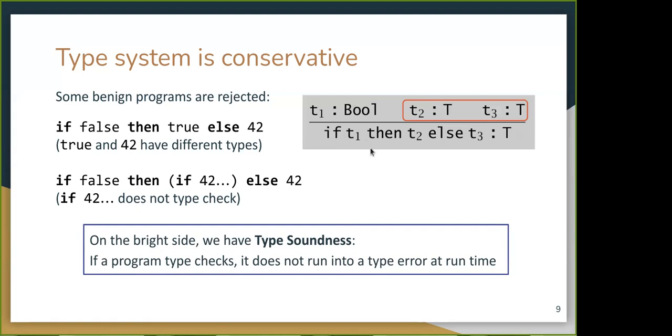But for example, if we have a division by 0, then this error still might happen. This is not something that the type system rejects. On the other hand, you can have more complicated type systems, so-called dependent type systems, where you can rule out division by 0, but maybe you cannot rule out some other things.